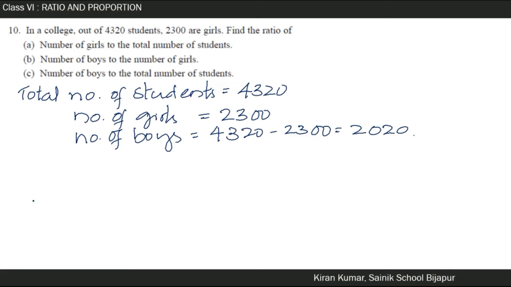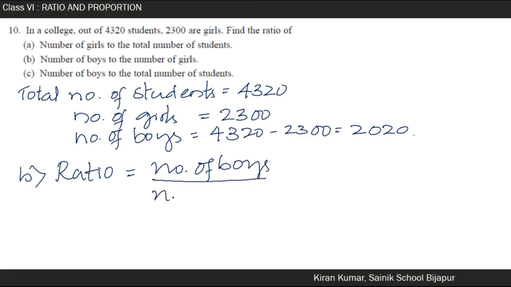For the second, we have ratio equal to number of boys to the number of girls. Number of boys are 2,020 and the number of girls are 2,300.